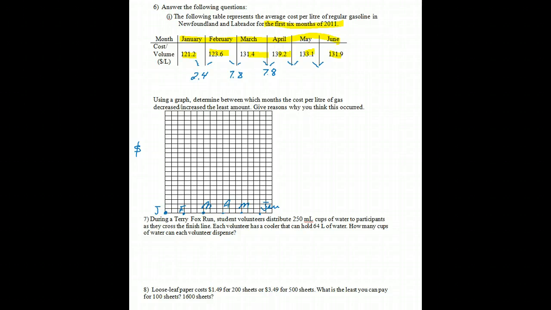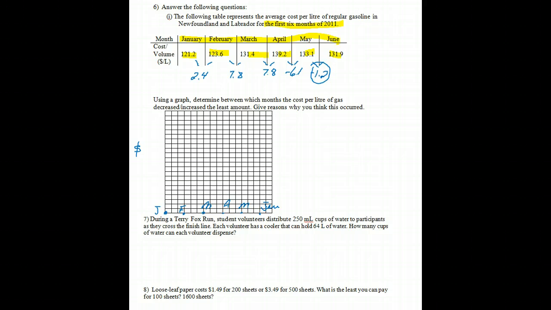And then from April to May, the cost dropped and went down by 6.1. And then from May to June, went down by 1.2 cents. So the month with the smallest decrease was from May to June.